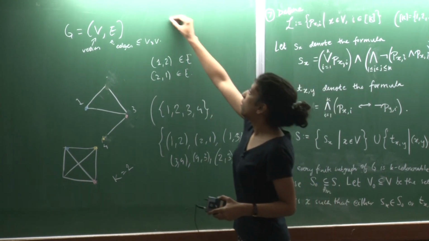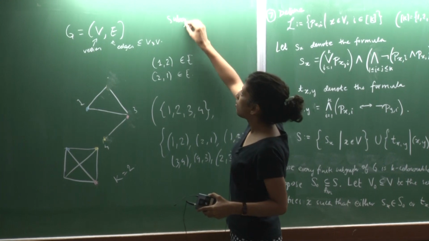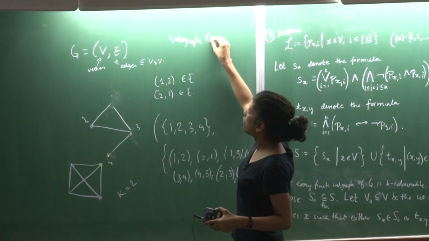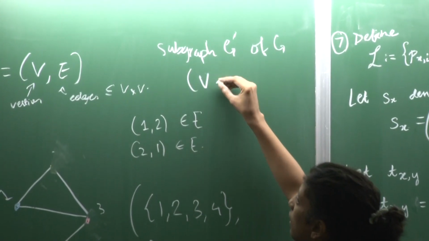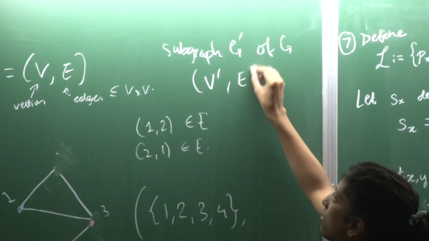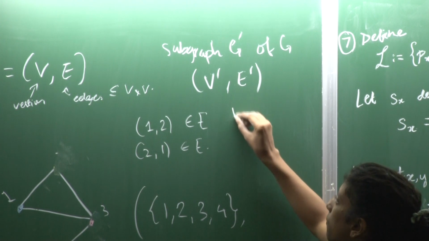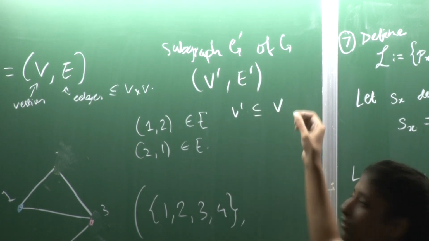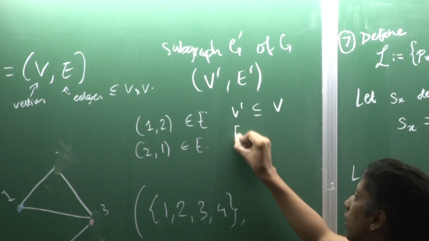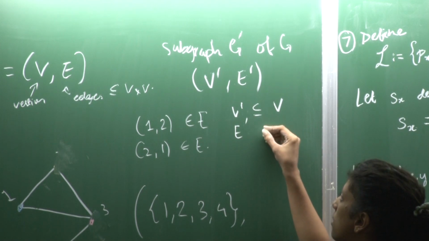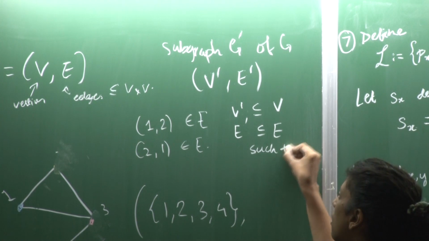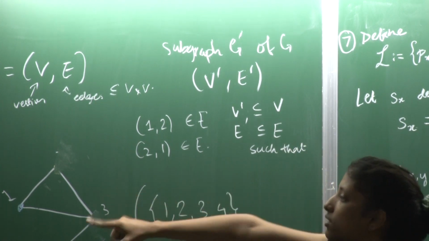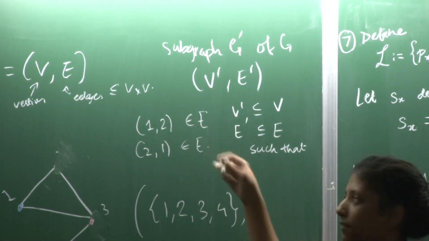A subgraph G' of G will be a set (V', E'), where V' is a subset of V, and E' is going to be a subset of E such that you are only taking edges of which the vertices have survived.